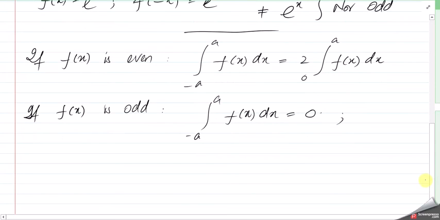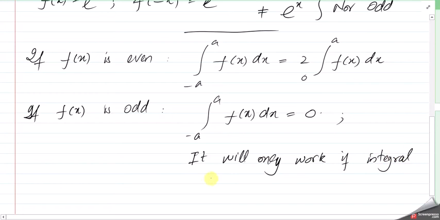Note that the very important point is the formulas will only work if the integral is from minus a to a.